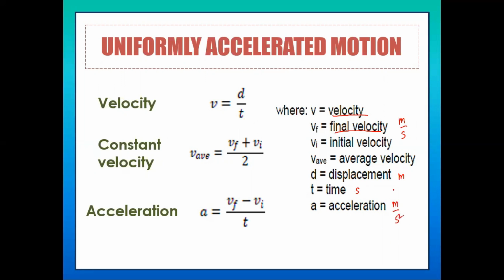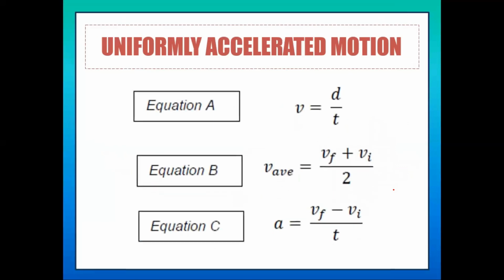So, like what I mentioned or keep on mentioning, that can also change, but still you have to change it into its standard unit following the rules for dimensional analysis. So, we'll tag this formulae as equation A, equation B, and equation C. So, nothing changed there.